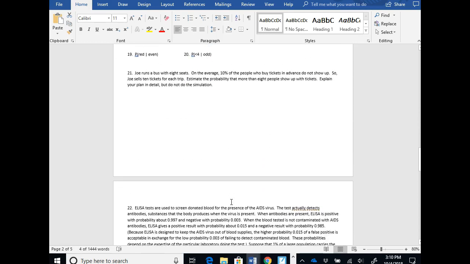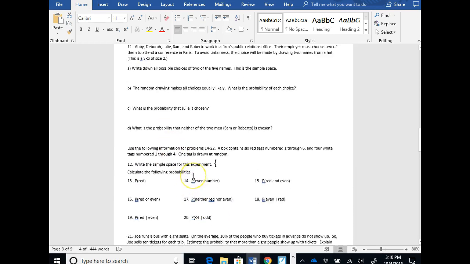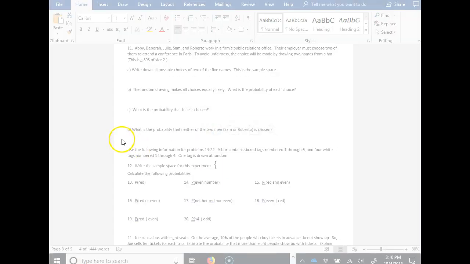The last thing I want to talk about specifically is number 12. It talks about a box containing 6 red tags, numbered 1 through 6, and 4 white tags, numbered 1 through 4. I'm going to take a picture of this.